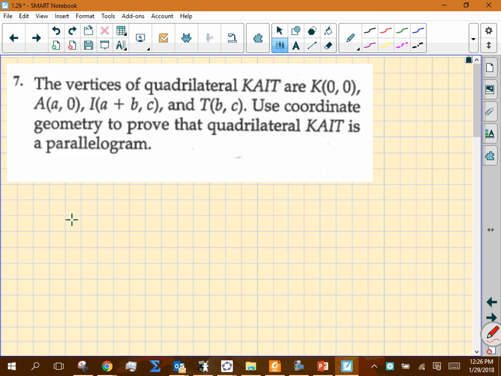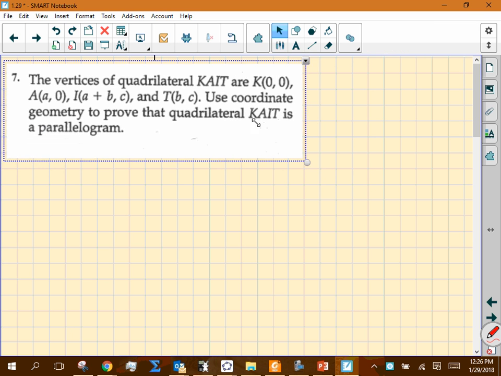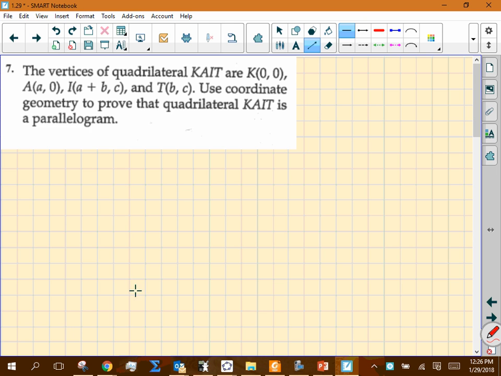It's not good enough to just take a handful of specific situations, show, well, it's true for these 3 or 4 or 5 things, so I'm going to make the argument that it's true for all things. Well, that's not enough. Okay? So we need what we call a general situation. This is a general situation for a parallelogram. So what we want to do is take this image and see if we can put it in the coordinate plane.